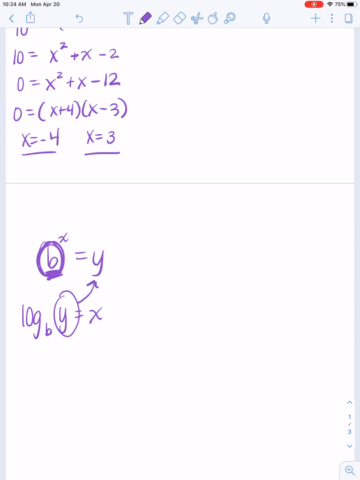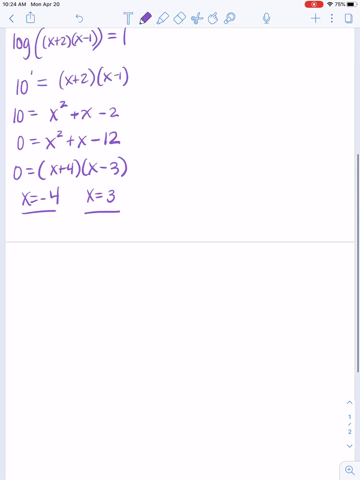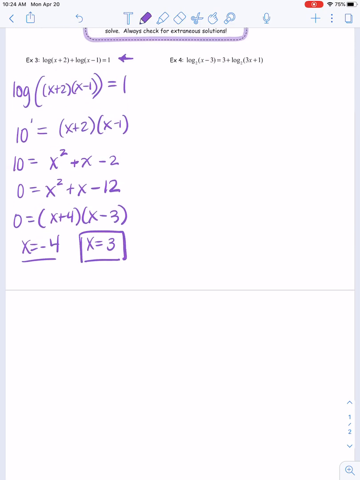Any positive number as my base raised to any kind of exponent, positive, negative, fraction, whole number, whatever, will never give me a negative number. That's why the argument cannot be negative. Think about it in terms of inverses if you need to. So that means our answer is only x equals 3. x cannot be a negative number in this case because x is in the argument's position.